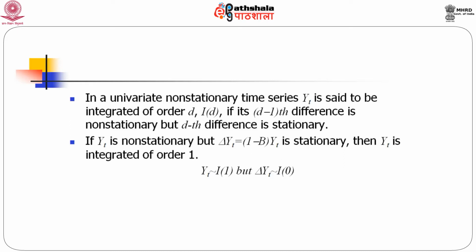That implies you have to take dth differences in order to obtain stationarity. Now, if yt is non-stationary, but delta yt equal to (1 minus L) yt is stationary, then the series is integrated of order 1. So yt follows I(1), but delta yt follows I(0).